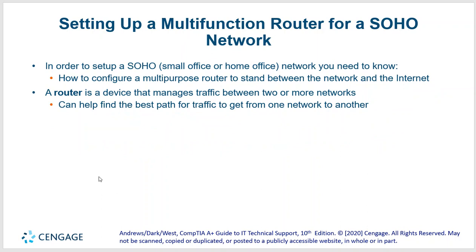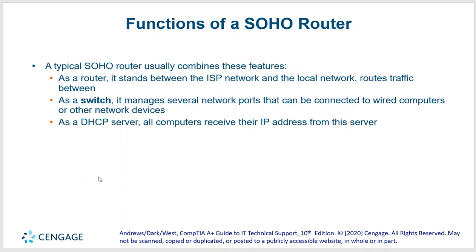So a SOHO, a small office or home office network, is quite simplistic, easy to set up, and the router manages the traffic between two or more networks. All right, so let's talk about when you've got a router and modem combo.